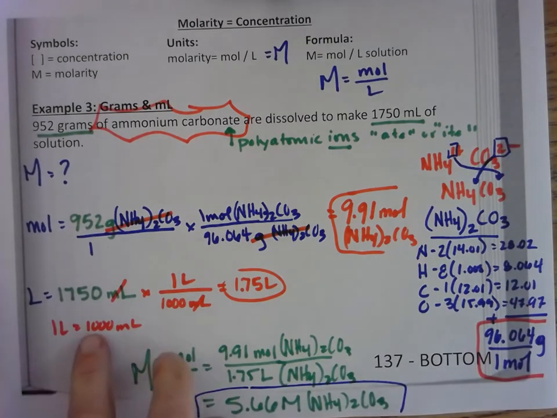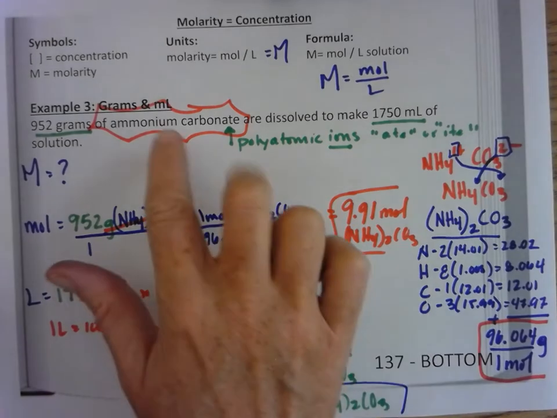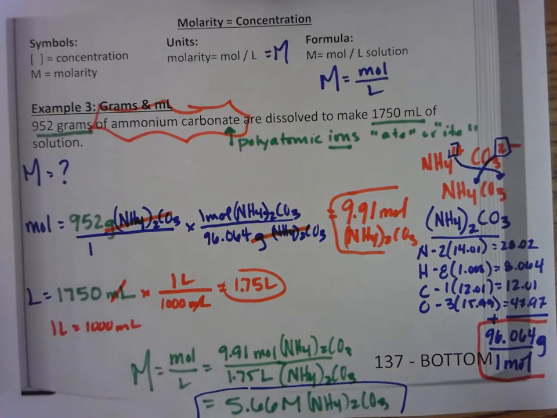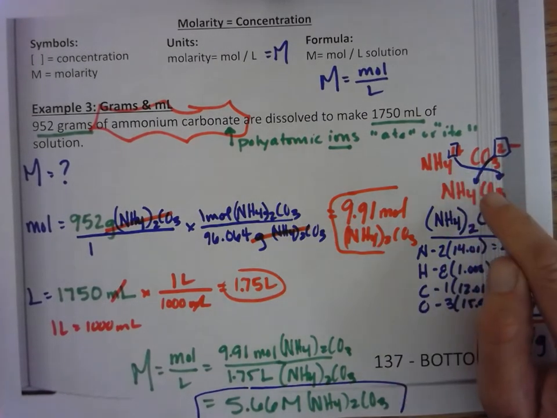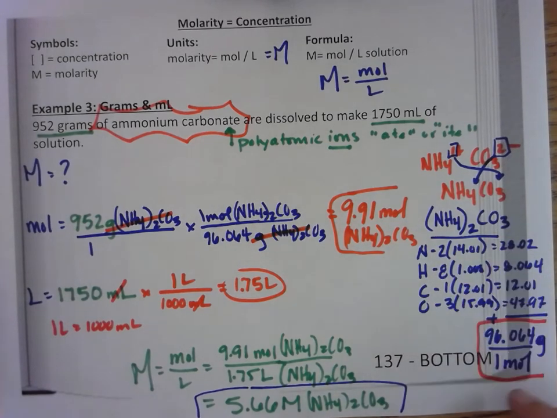This one we did in the beginning of the year, the relationship between your different metric prefixes and how to convert. How to figure out if something's ionic or covalent is also something you've already learned, and doing crisscross to get your formulas. Don't forget parentheses around polyatomic ions, molar mass. Alright, so there you have it. Grams and milliliters used to calculate molarity.